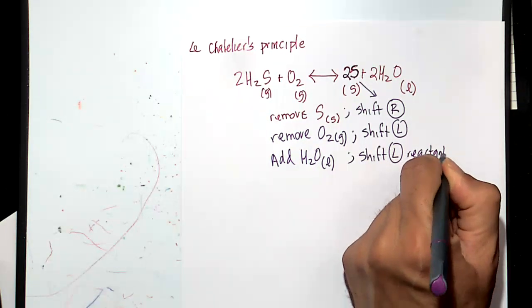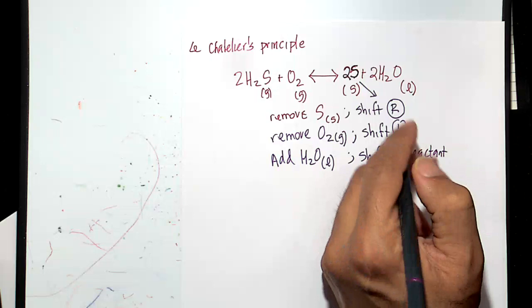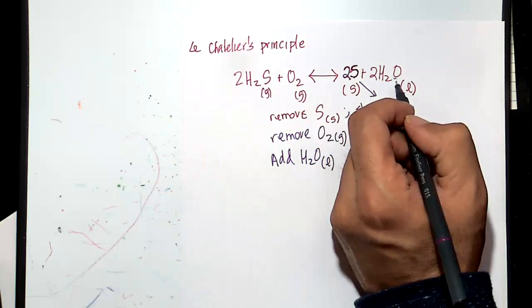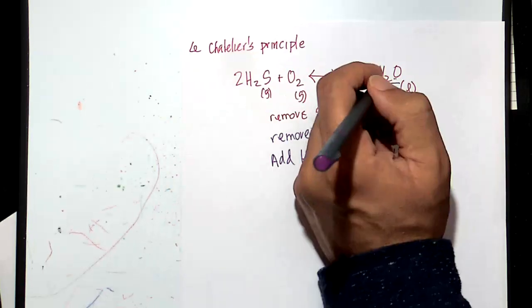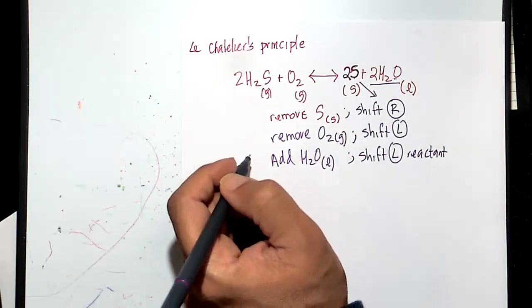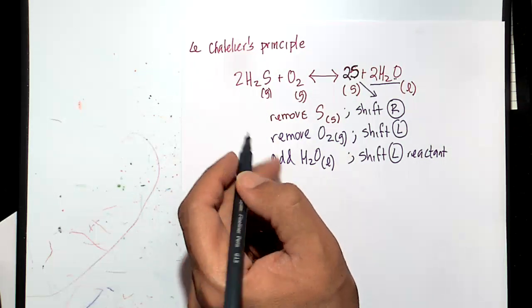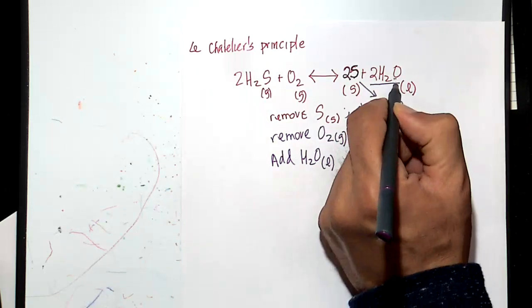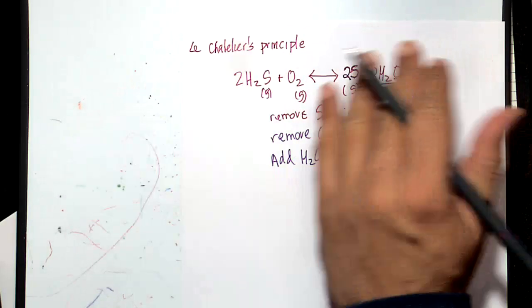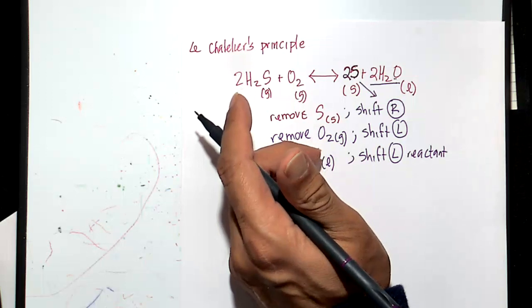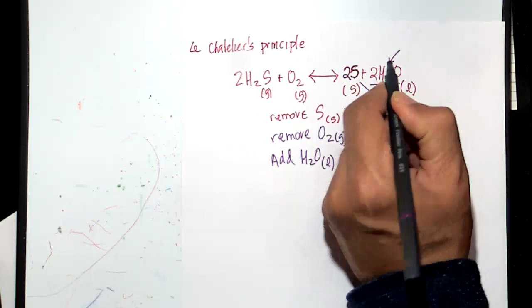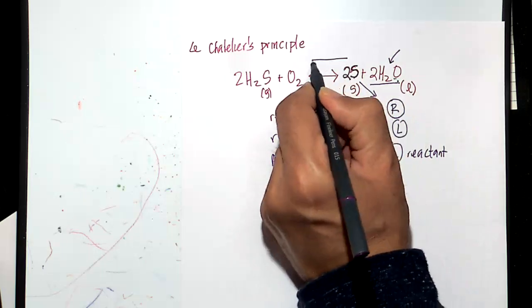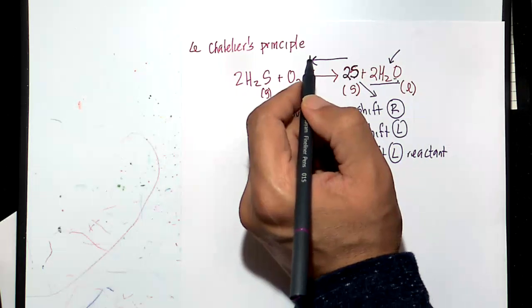If we add H2O liquid to this equilibrium, where will the reaction shift? You're adding product. It'll shift that way, to remove the H2O that you added.